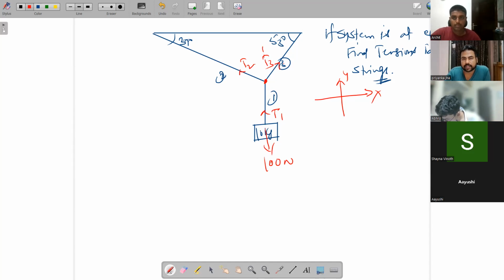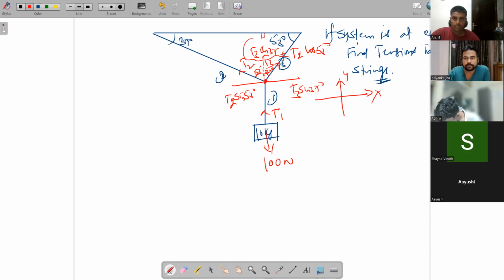Now you can see, you just have to balance this. So this is 53, this is 90. So this is 37 and this is 53. You just break into components. So T3 has T3 sin 37 and this is T3 cos 37. And if you break this T2 into components, this is T2 sin 53 and in the vertical direction it's T2 cos 53.